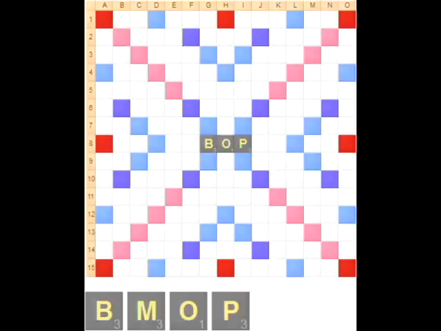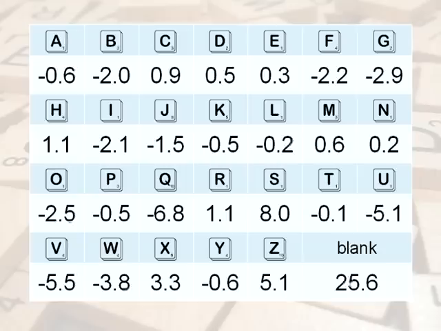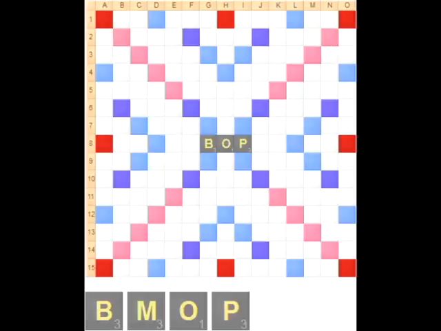The O and every pairing of consonants can be combined to make 3-letter words: bop, mob, mop, or pom, each scoring identically but leaving a different consonant in your rack. The tile valuation of B is the lowest and M is the highest. In fact, by playing bop, the tile values infer that the score of our next play should be an average of 2.5 points higher than if we had played mop.